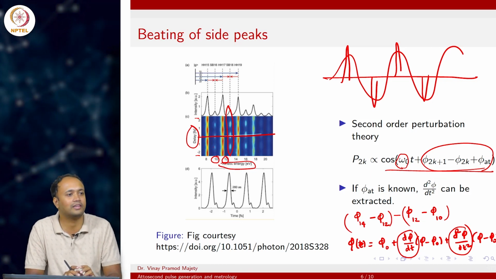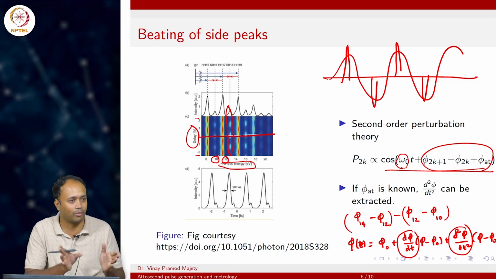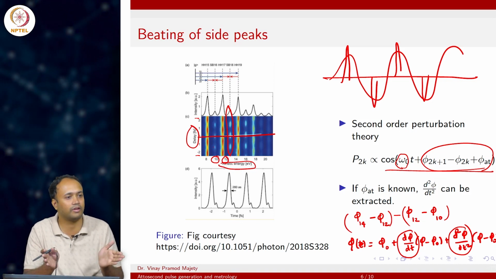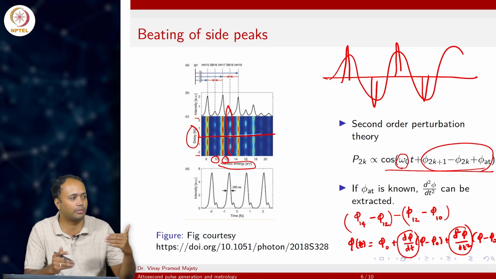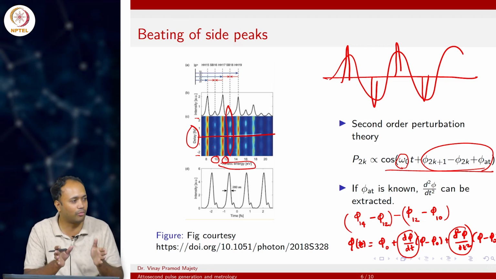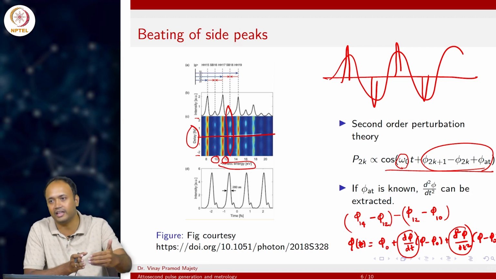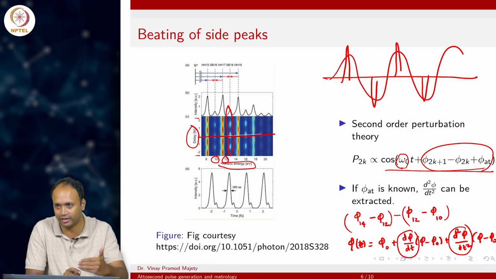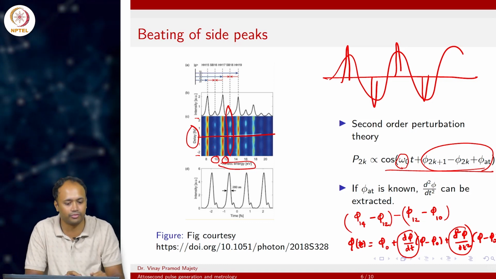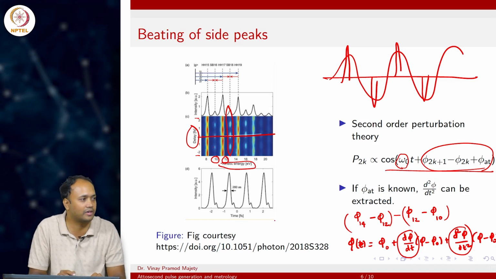Your infrared laser is going to modify the pathways, but its modification to these two different pathways is different because one is an absorption, one is an emission. Depending on the delay, I have a slightly different modification. They both add up, and when I scan through the delay, I see this kind of interference, and quantum mechanics tells us that this is the kind of modulation one sees, and from that modulation one can extract the chirp.